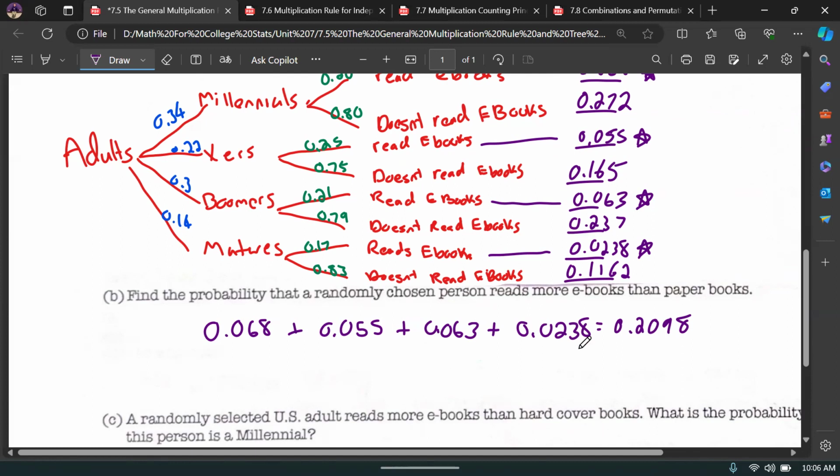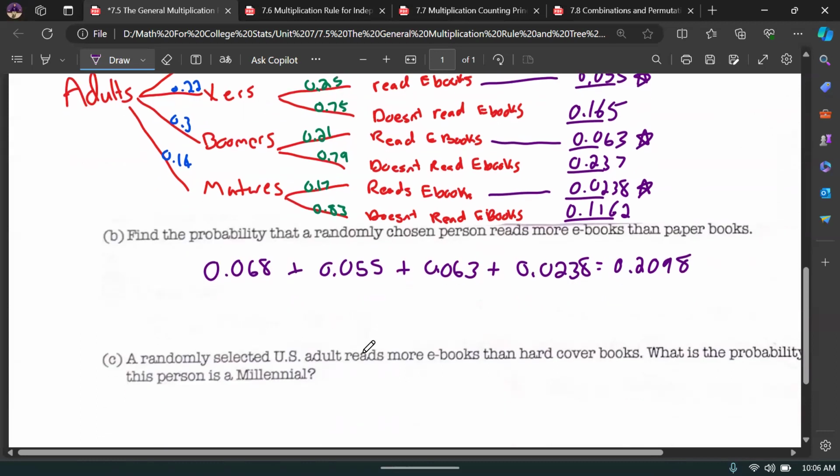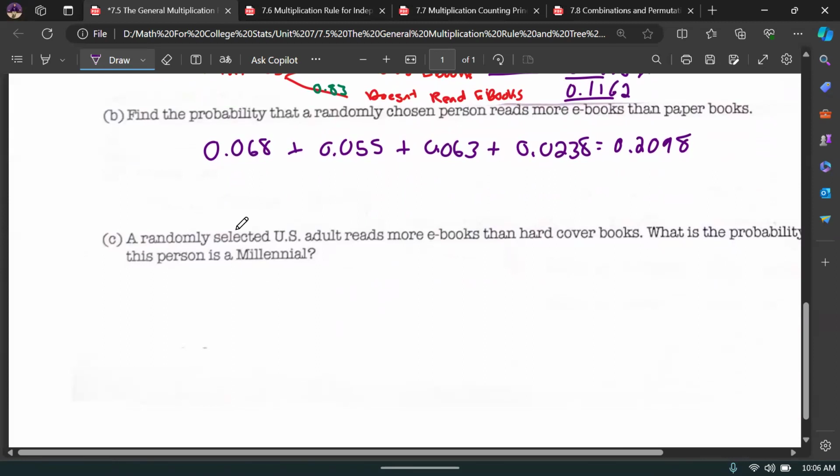Because I'm combining all generations that like to read ebooks. So that's nice. If we look at part C, a randomly selected US adult reads more ebooks than hardcover books. What is the probability that this person is a millennial?